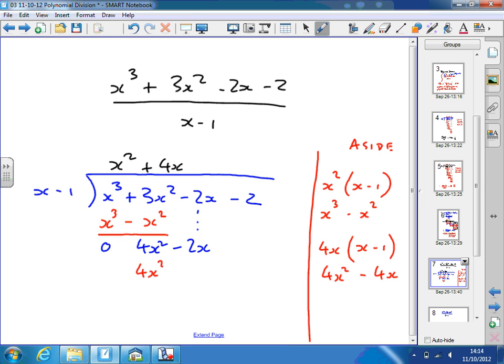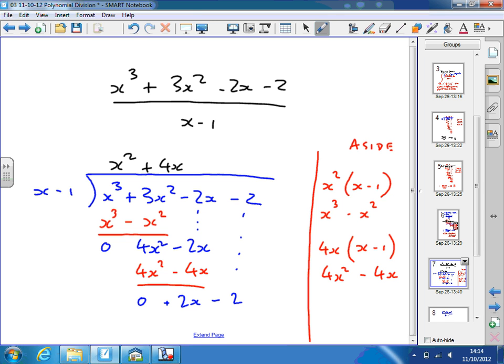And notice that each time they're the same, so that they're going to disappear. What's my remainder going to be? 0 plus 2x. Yep, minus 2x plus 4x is 2x. So plus 2x, effectively. Bring down the next term, minus 2.